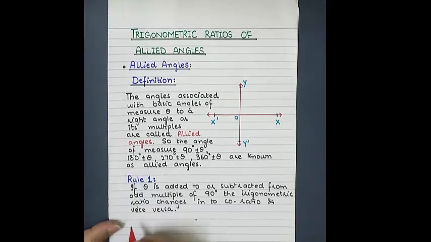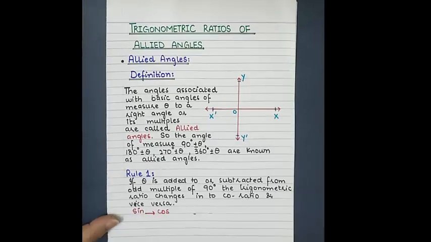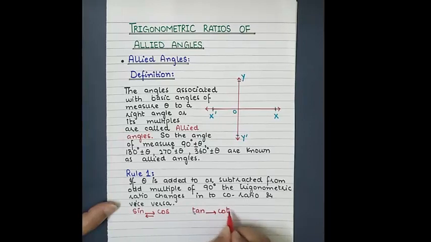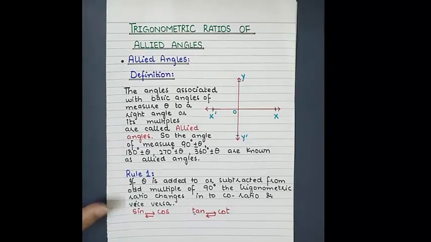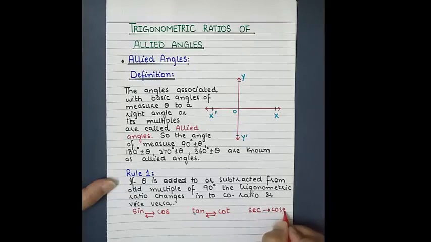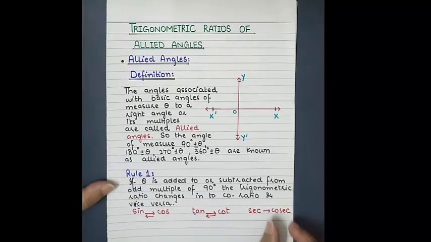So the co-ratio of sine is cos and the co-ratio of cos is sine. Similarly, the co-ratio of tan is cot and the co-ratio of cot is tan. Similarly, the co-ratio of secant is cosecant and the co-ratio of cosecant is secant.